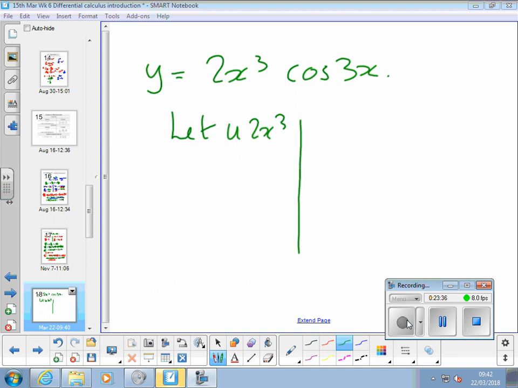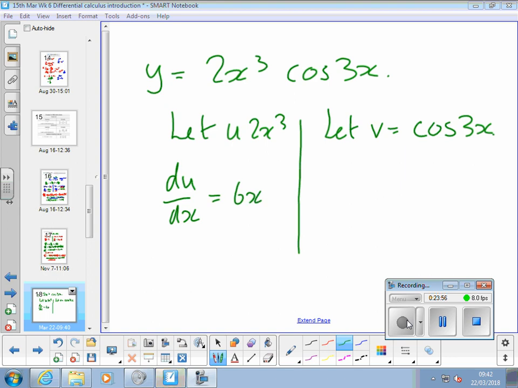Of those that struggle with it. du by dx equals 6x squared. dv by dx is minus 3 sine 3x. Everyone got that far?